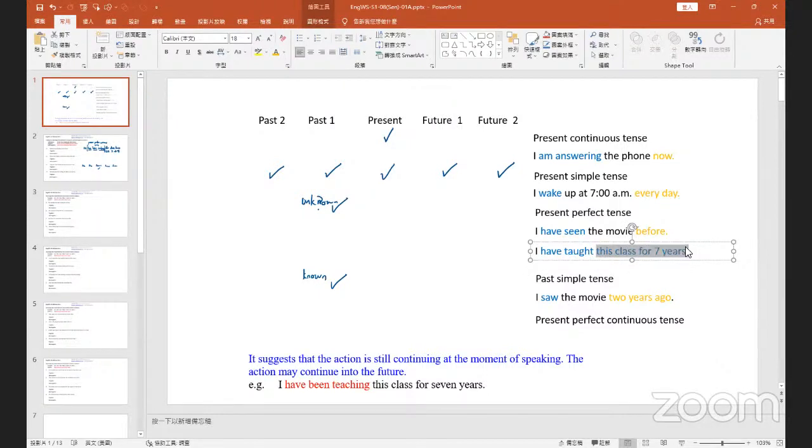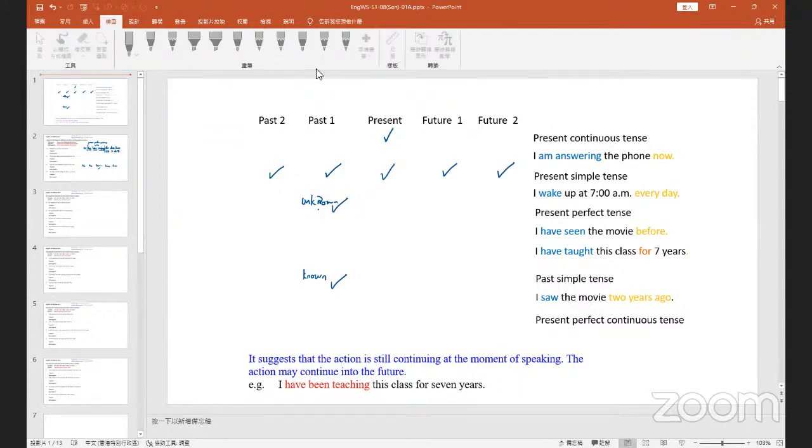Present perfect tense. For 7 years, not 7 years ago. Now, pay attention: for 7 years, not 7 years ago. That means 7 years ago. Okay, take this one as 7 years ago.